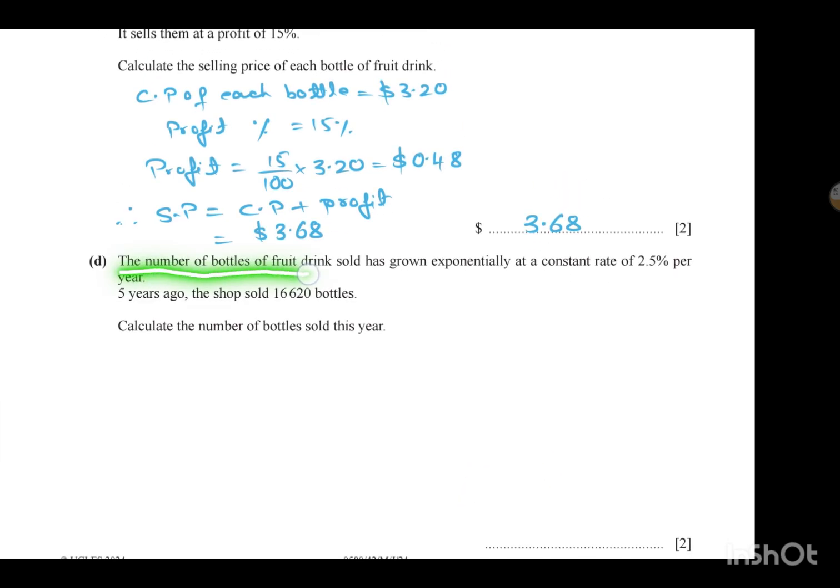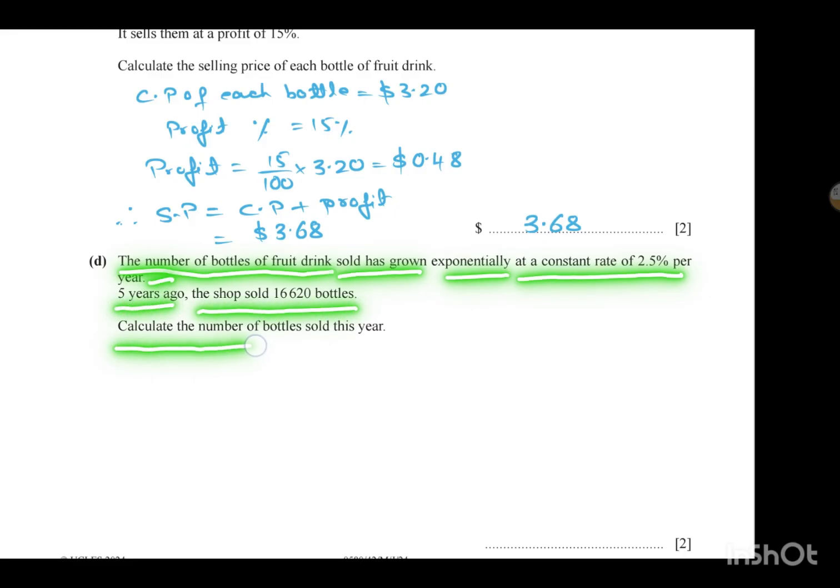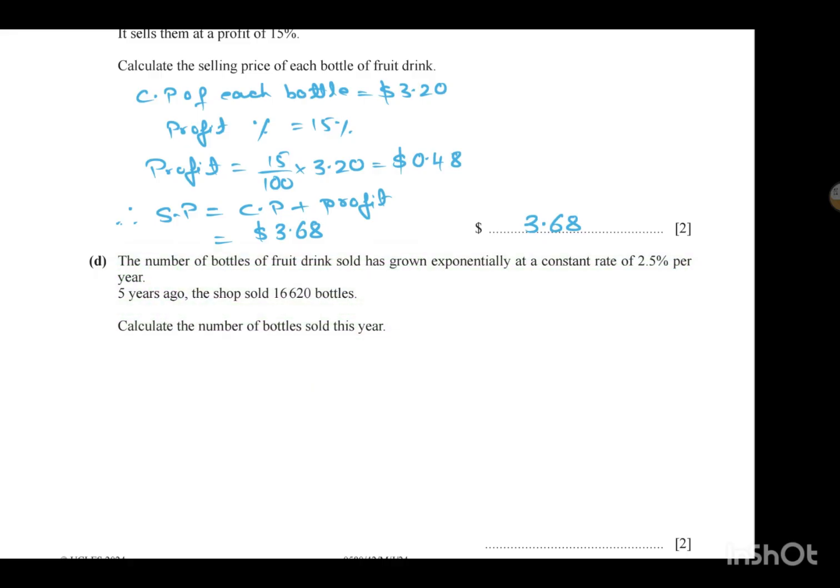The number of bottles of fruit drinks sold has grown exponentially at a constant rate of 2.5% per year. 5 years ago, the shop sold 16,620 bottles. Calculate the number of bottles sold this year. Exponential growth means you need to use the compound interest rule here. So let us find the number of bottles sold this year.